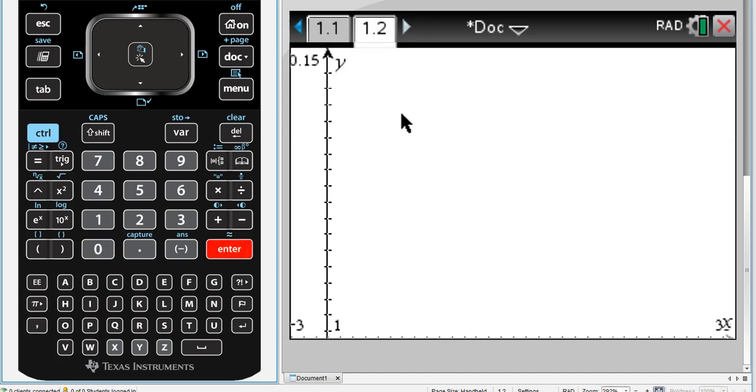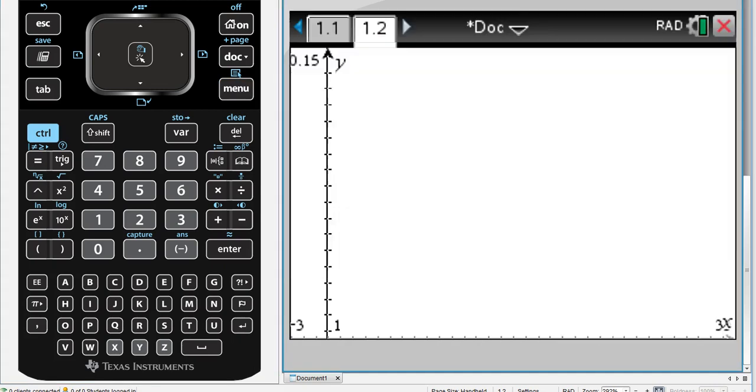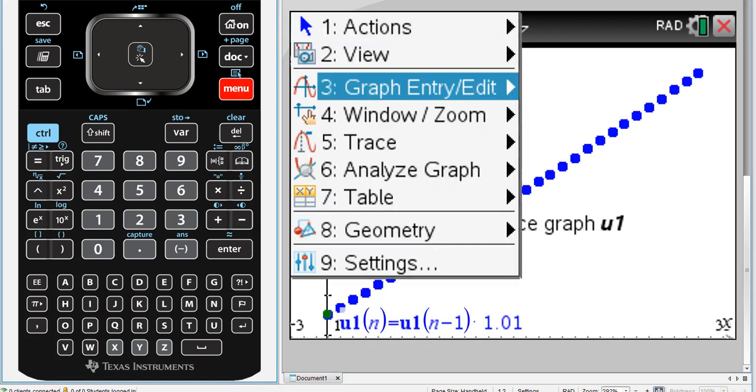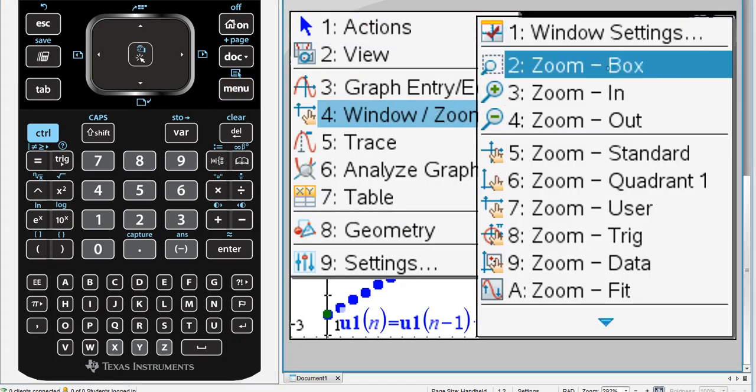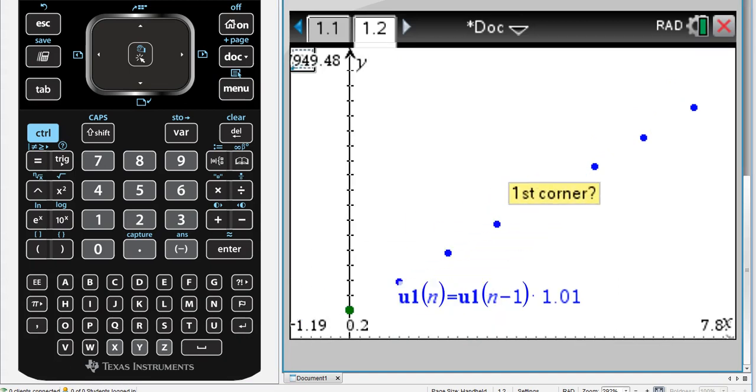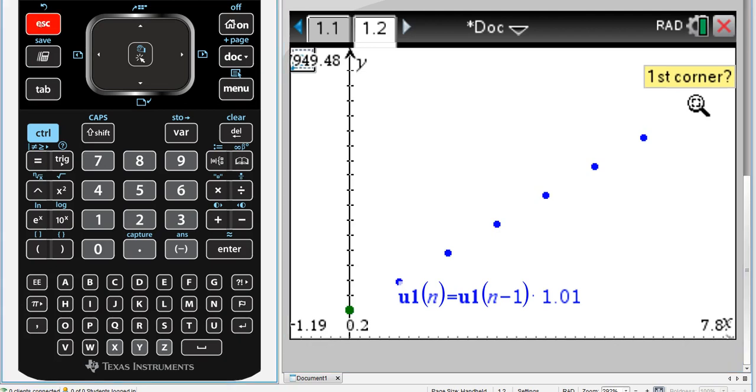Press enter, menu, zoom, fit, and we get this, which looks like a straight line. It's actually not a straight line. If I zoom in to a box, it's actually got a bit of a bend on it. Doesn't look like much, but there is a slight bend.